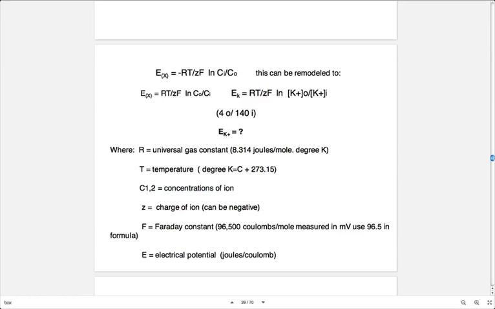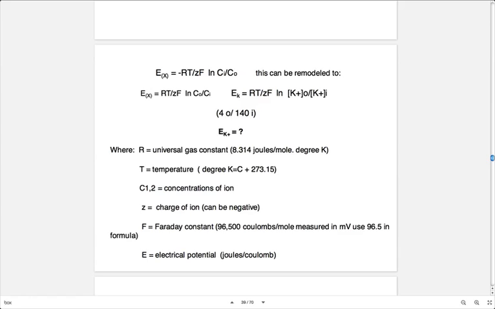So we've got universal gas constant, and temperature in Kelvin. You multiply those together, and then you divide them by the product of Z, which is the valence of the ion, and F. For sodium and potassium, Z is +1. Calcium, Z is +2. Chloride, Z is -1. And F is Faraday's constant.